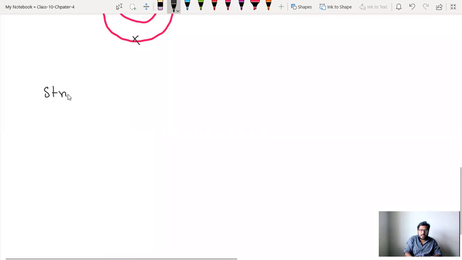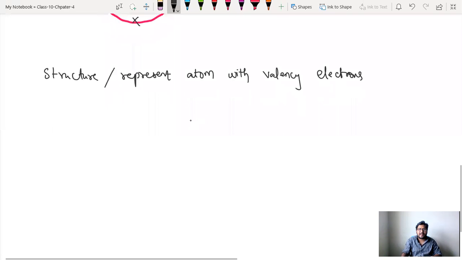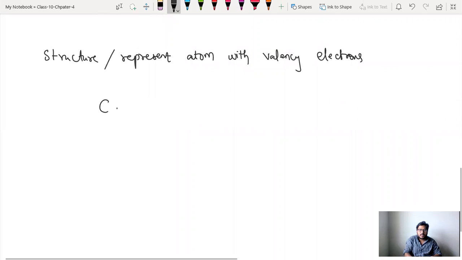So we need to draw structure or represent atom with valency electrons. Now, while coming to carbon, how many valency electrons are there? Carbon has 4 valency electrons.